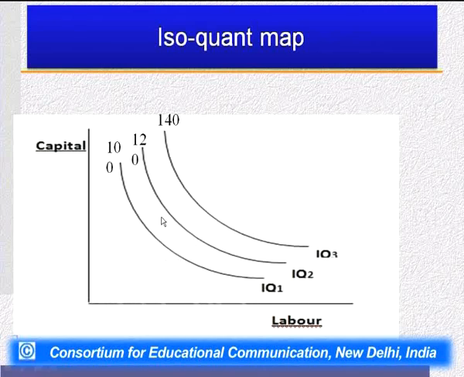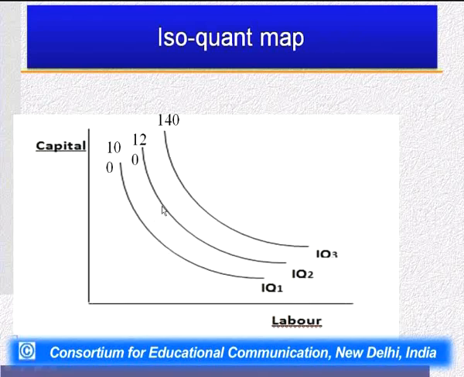Here I would like to recall one point again: the definition of isoquant, the iso-product curve. If you have, suppose, 4 combinations on a single curve, every combination gives the same amount of output.